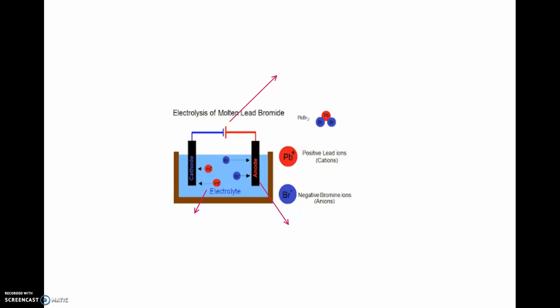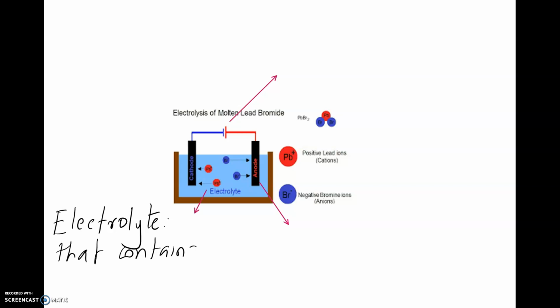In order for you to do electrolysis, you need to have a molten or liquid solution of lead bromide. That solution is called the electrolyte. The electrolyte is your liquid or your molten liquid that contains metal ions.